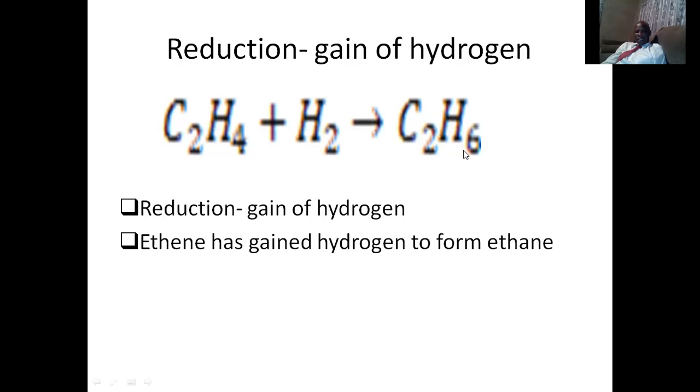They have increased, and therefore we are saying reduction is the gain of hydrogen. So ethene has gained hydrogen to form ethane, and therefore this is a reduction reaction.